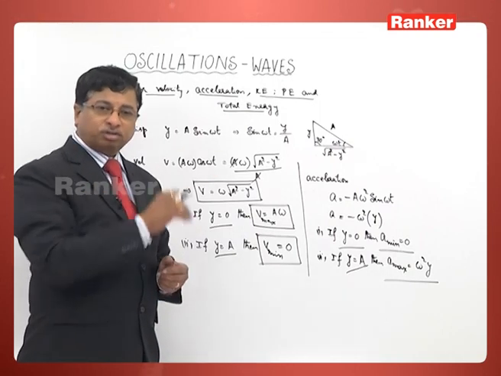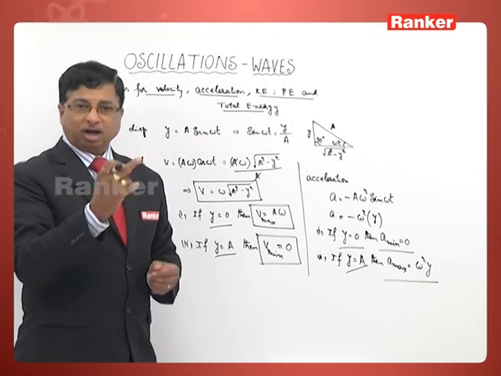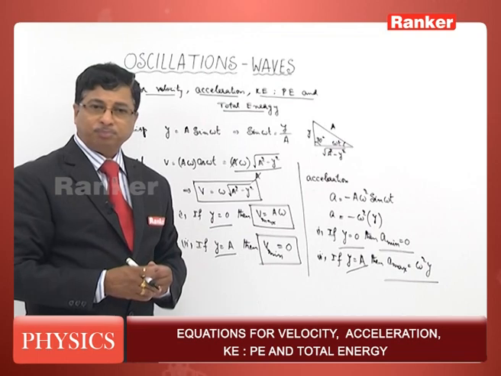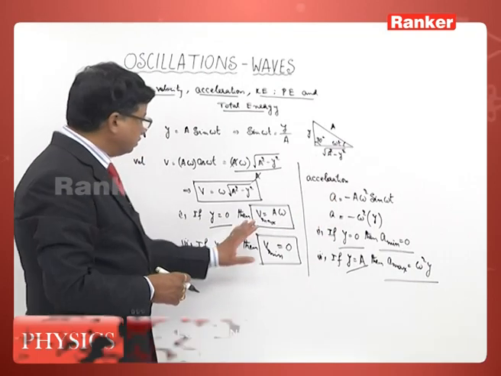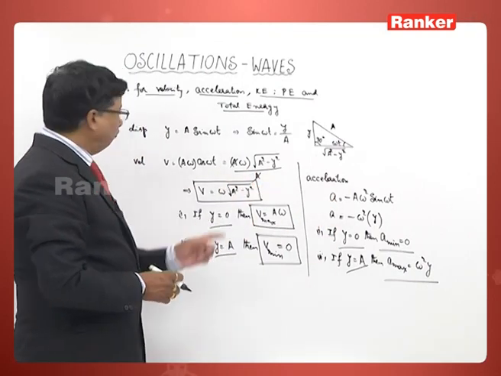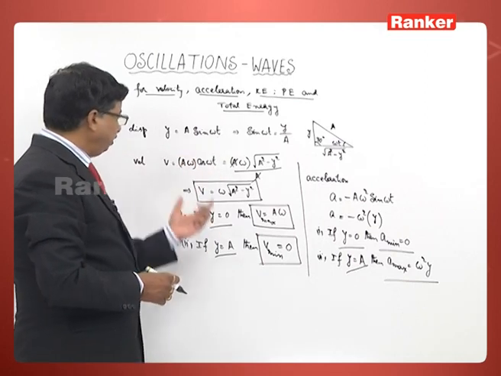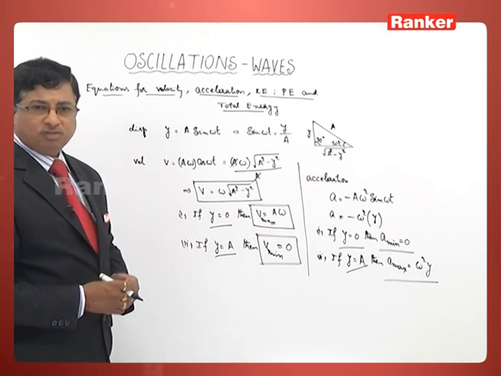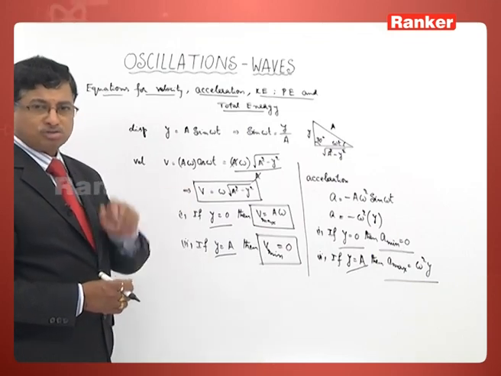At extreme position, its velocity is 0, kinetic energy is 0, whereas acceleration is going to be maximum. So, these equations one needs to have in memory while discussing displacement, velocity and acceleration of any particle which is in simple harmonic motion.